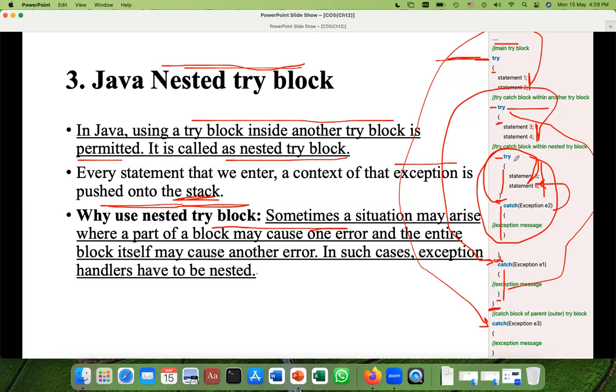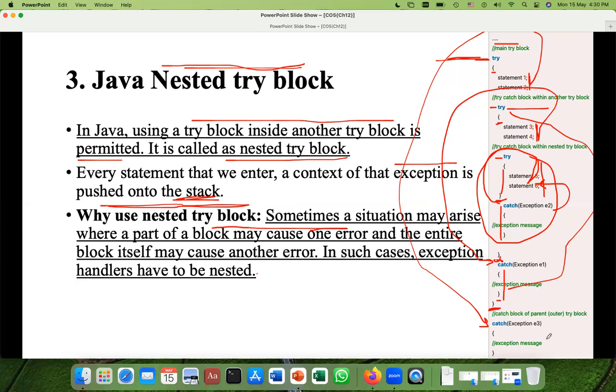And for example, here you have 3 blocks. If this portion causes an exception, then you can handle that portion with that catch. If this second try block causes an exception, you can handle that exception with that second catch. If this first try block causes an exception, you can handle that with its respective catch.